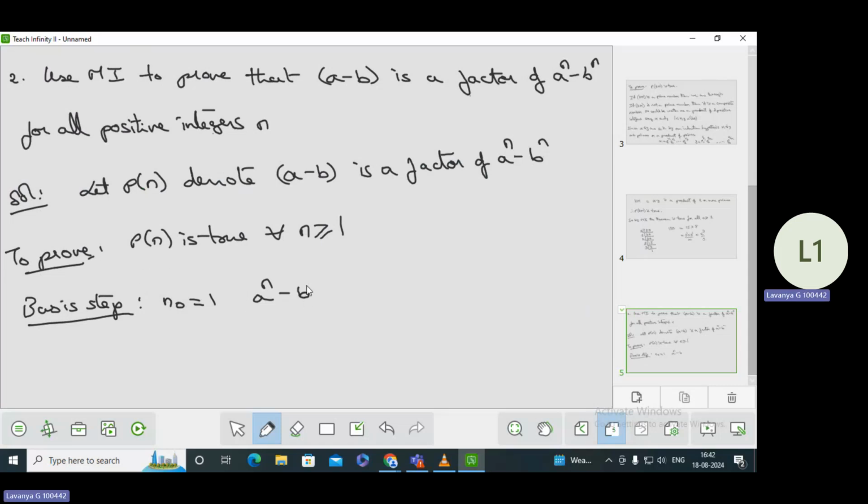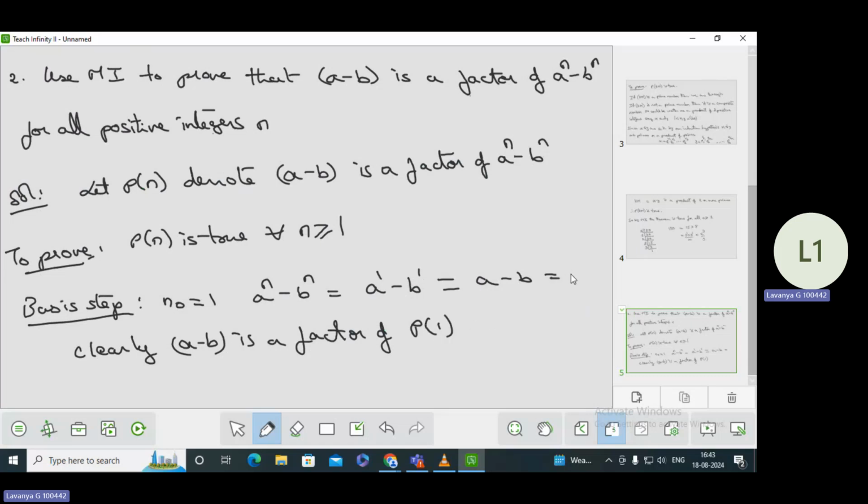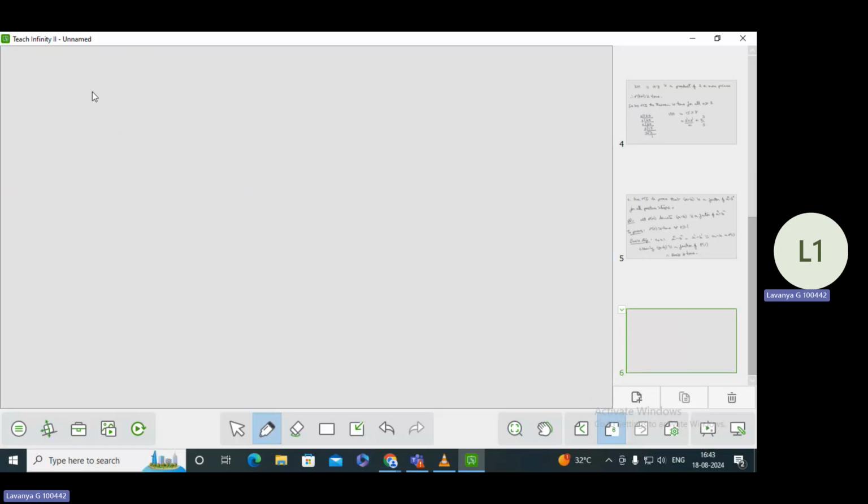My a power n minus b power n is a power 1 minus b power 1, which is a minus b. So clearly a minus b is a factor of P of 1. Therefore, my basis condition is satisfied.